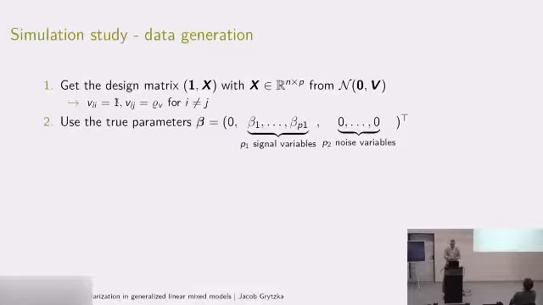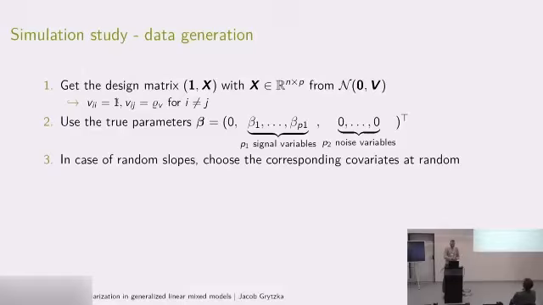That's the idea here. We have settings with random slopes and settings without random slopes. When we have slopes, we choose the covariates at random, so it can be signal variables or noise variables as well.